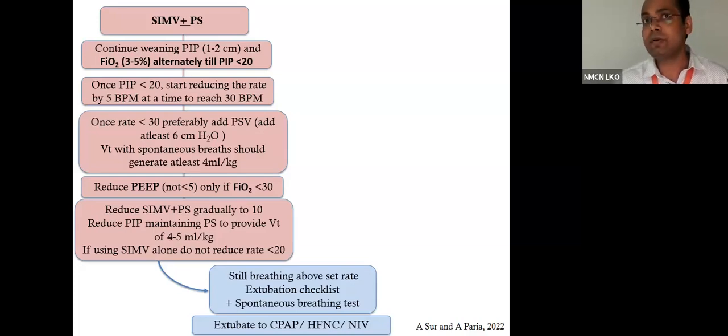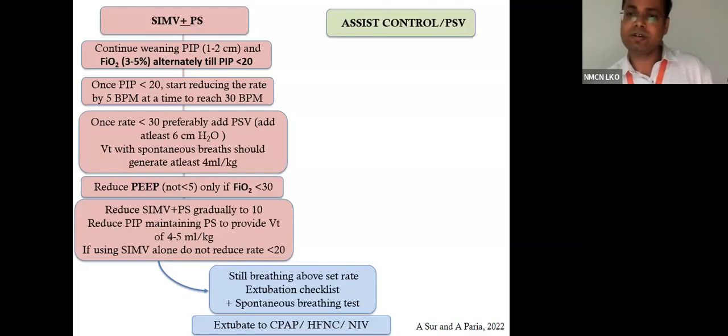If, on increasing the FiO2 up to 15% from the baseline, there is still a fall, then the test is considered failed and the child cannot be extubated. But using the spontaneous breathing trial is controversial. It should not be used in every baby, especially extreme preterm babies, in whom it can do more harm. So once the checklist has been ticked, we can extubate the baby either to CPAP, HFNC, or non-invasive ventilation, NIPPV.